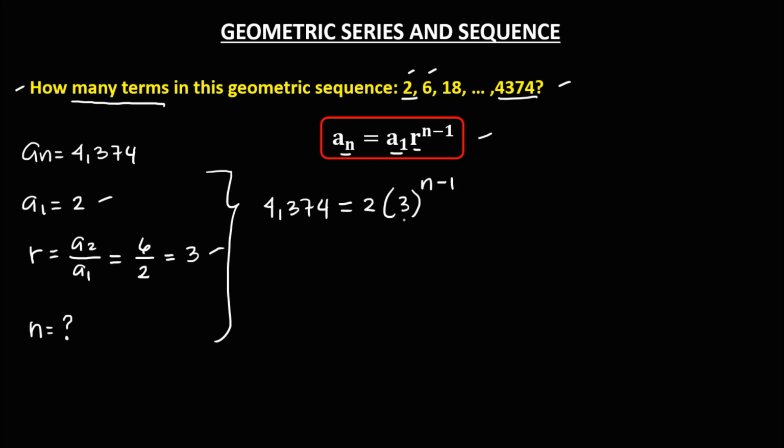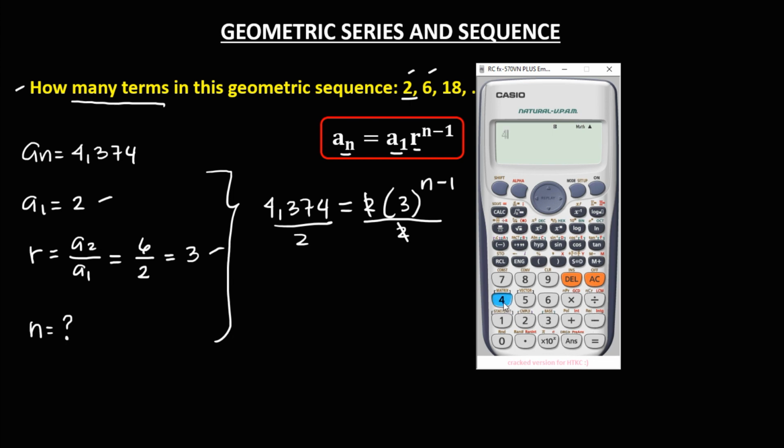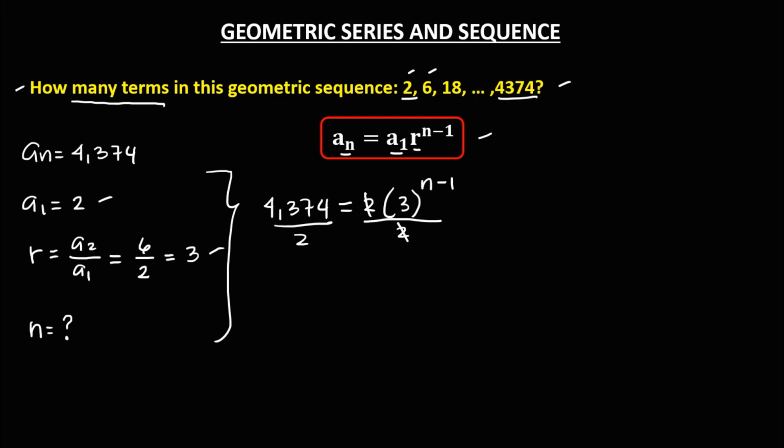minus 1. And to solve for n, divide both sides by positive 2. So cancel. And this 4,374 divided by 2, we have 4,374 divided by 2 equals 2,187.